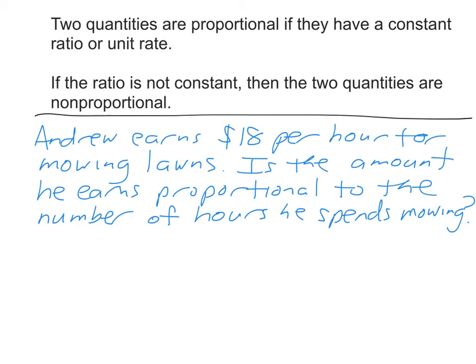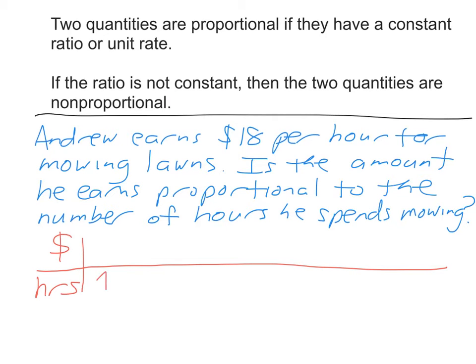So what we're going to do is set up a chart. We want to know if the amount of money he earns is proportional to the number of hours that he mows. If he mows the lawn for 1 hour, how much will he earn?